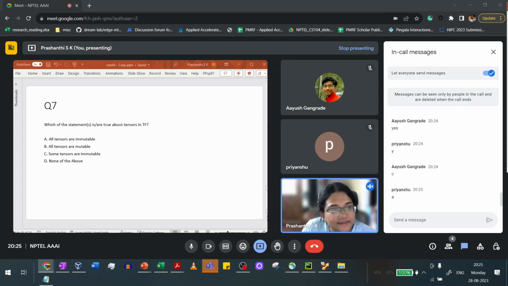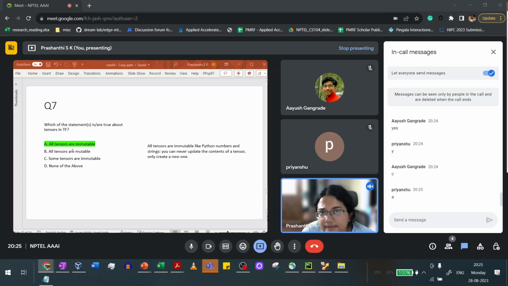A, all tensors are immutable. Okay, let's look at the answer. It is all tensors are immutable.